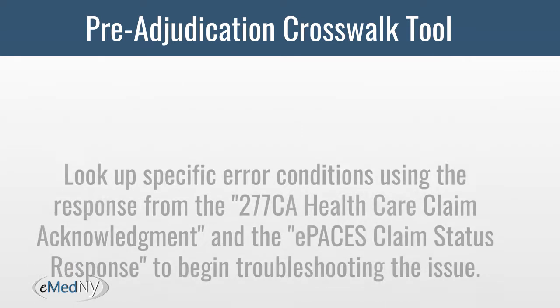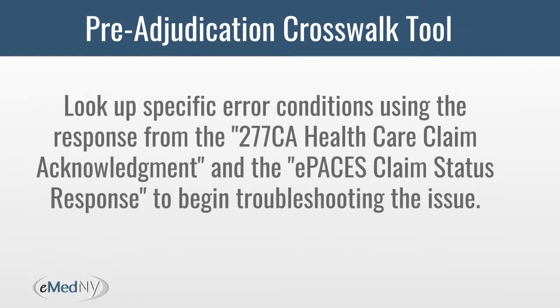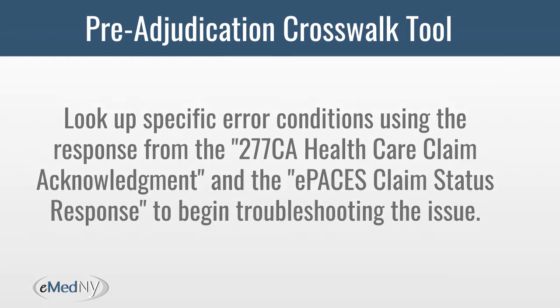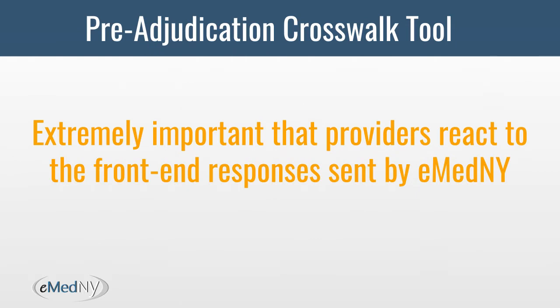Providers can use the pre-adjudication crosswalk tool to look up specific error conditions using the response from the 277CA Healthcare Claim Acknowledgement and the ePACE's Claim Status Response to begin troubleshooting the issue. It is extremely important that providers react to the front-end responses sent by eMedNY.